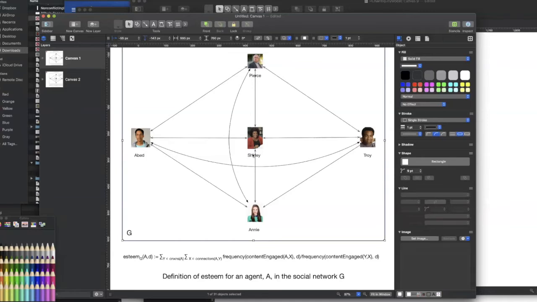And then what that means is that we have certain parameters for these calculations. The first is, as an input to the system, we need the graph. So you've got to give me a G. My calculation is parameterized in G. It's parameterized in A, in this case Abed, so A is one of the agents.